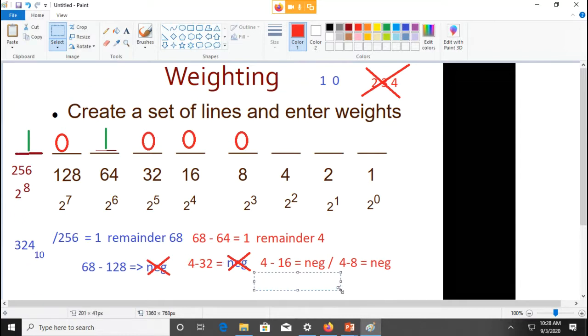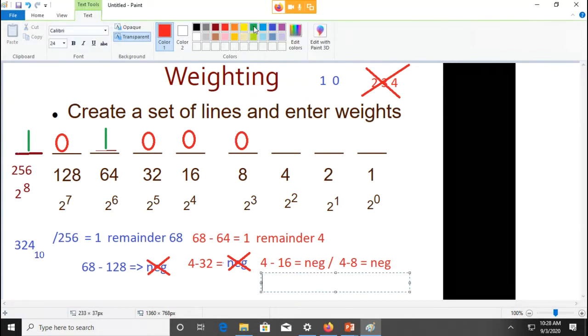Now I'm going to do 4 minus 4. If we look at the next column, we have 4 minus 4, which gives me a 0. So I can do that, and I end up with 0.